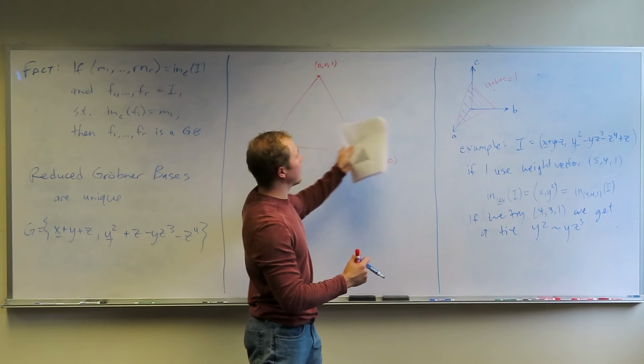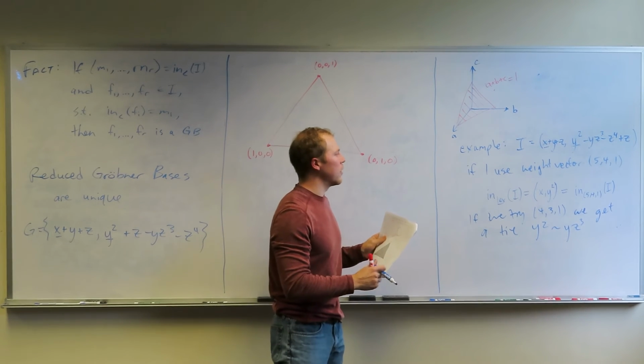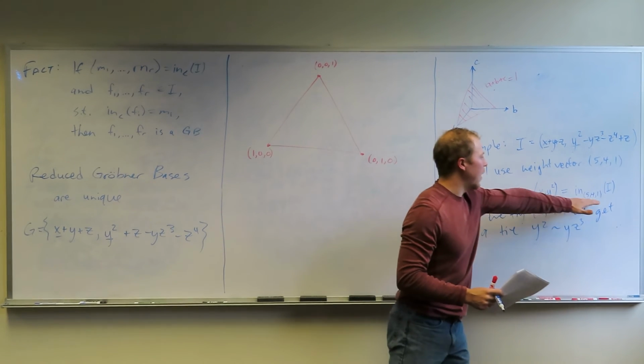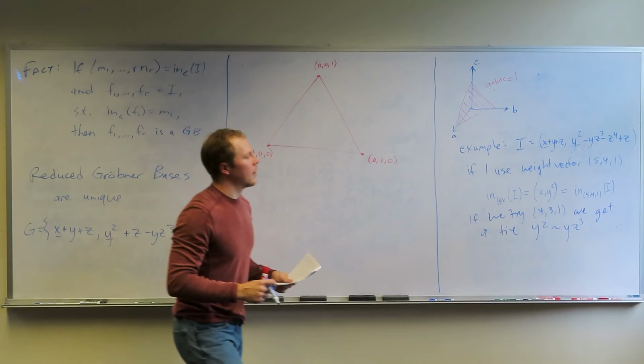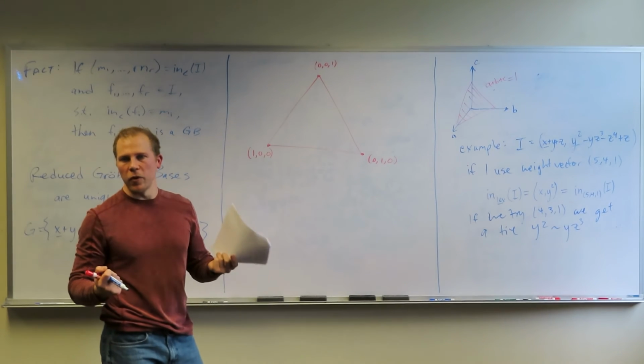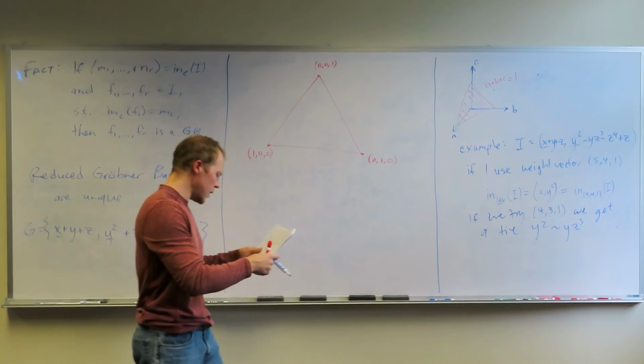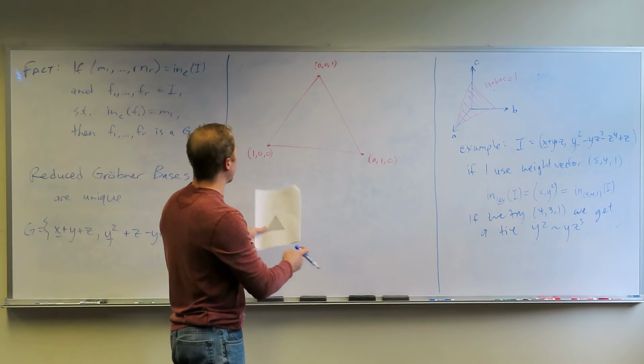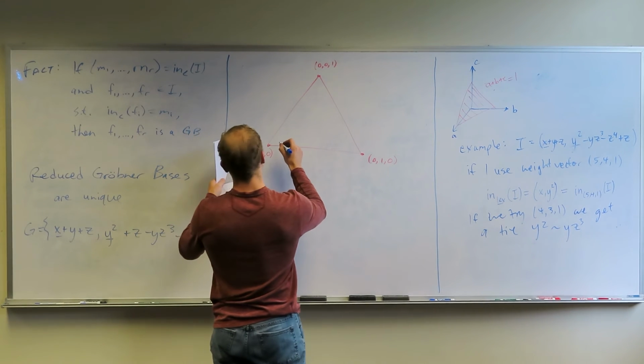I guess if this is the slice a plus b plus c equals 1, then I would draw 5, 4, 1 in this picture at 5/10, comma 4/10, comma 1/10, right? And, okay, so let me just draw this quick.